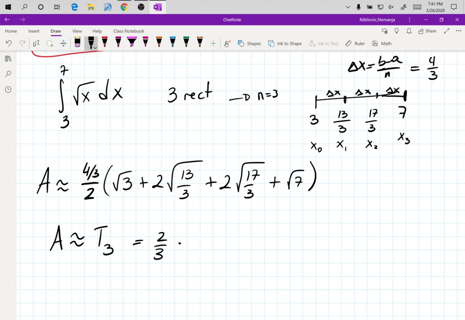Plus 2 times square root of 13 over 3, plus 2 times square root of 17 over 3, plus square root of 7.